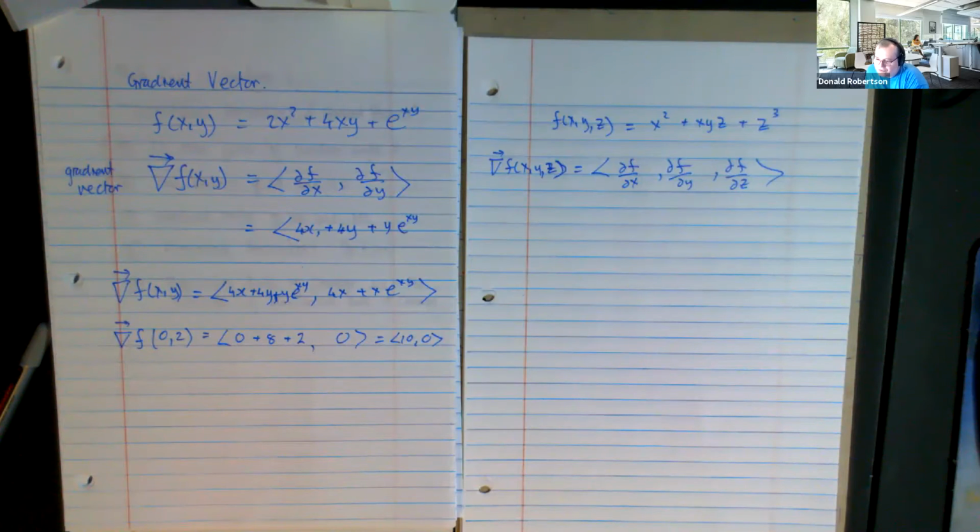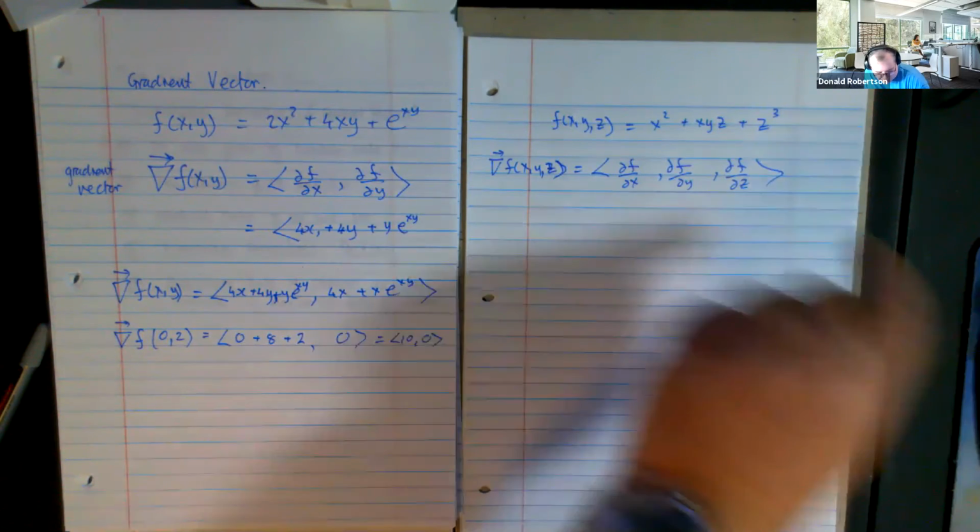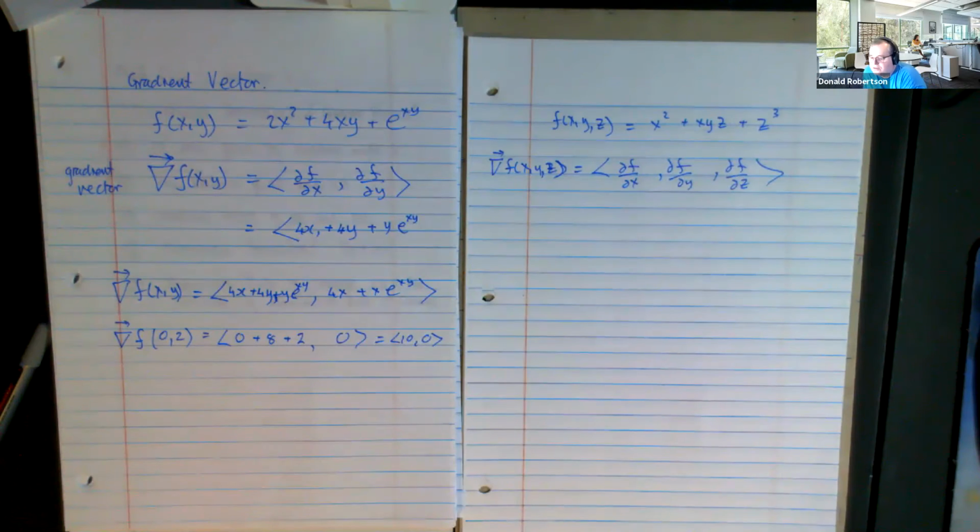Does that make sense? It's just a continuation of what a two-dimensional gradient vector looks like, right? Can you imagine then you could do a 10th dimensional function? Couldn't you find its gradient?